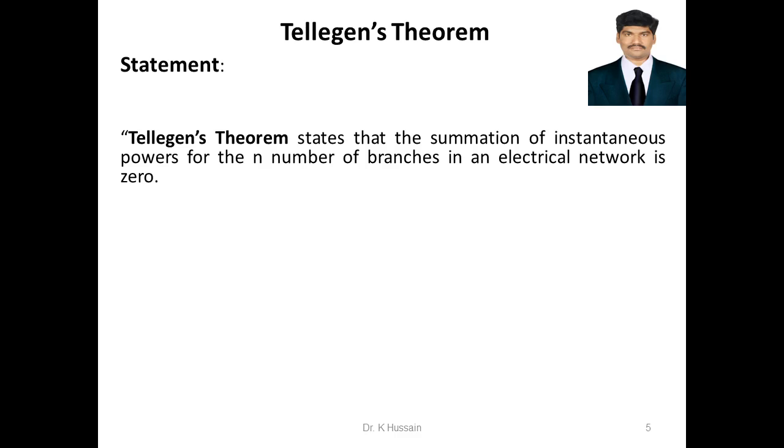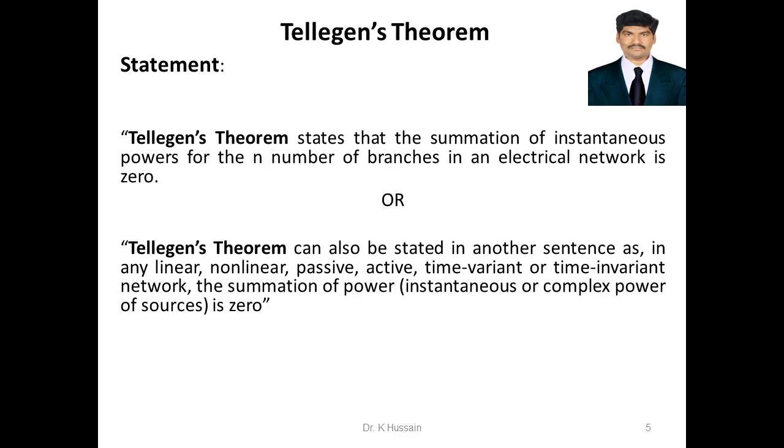We can give the same using another statement. Tellegen's theorem can also be stated in another sentence as: in any linear, and even nonlinear, passive, active, time variant and time invariant networks, in all cases we can use this theorem.